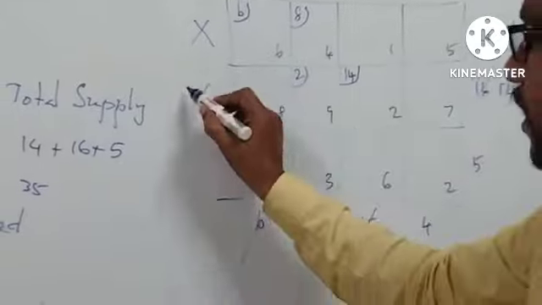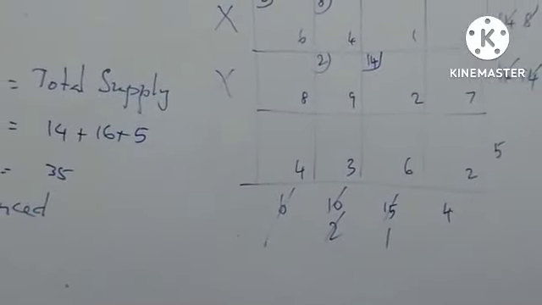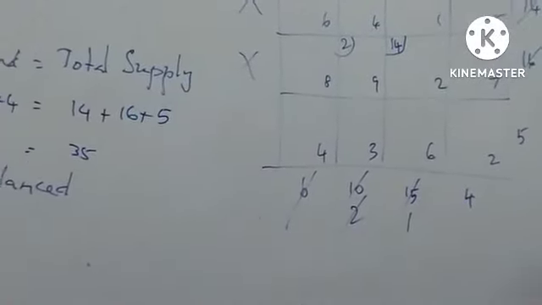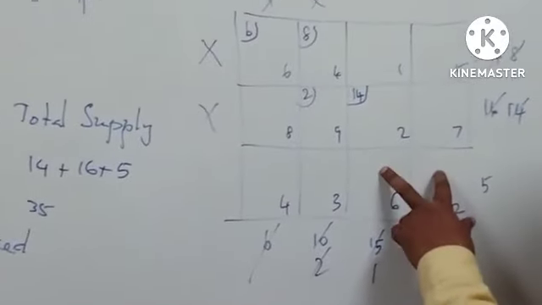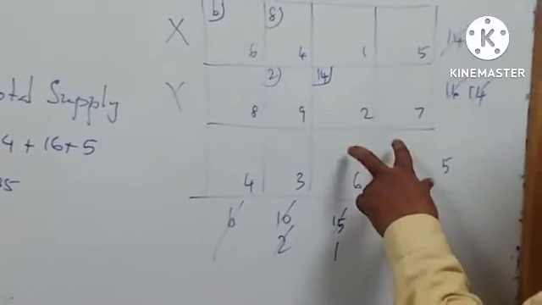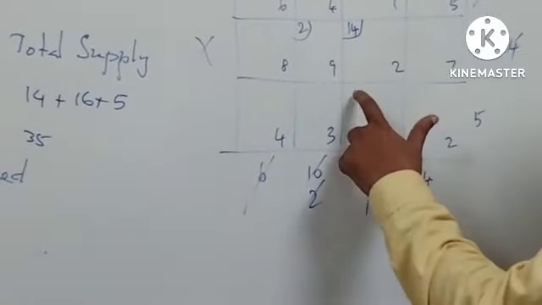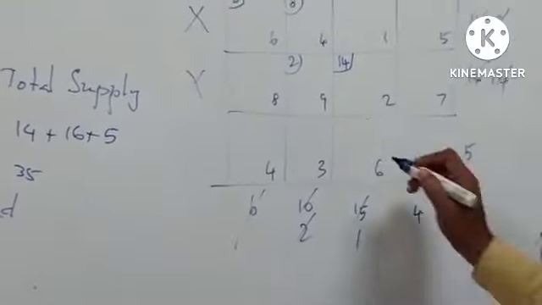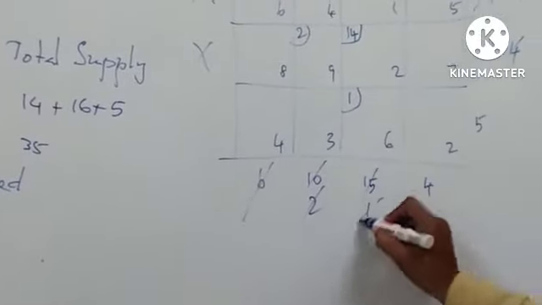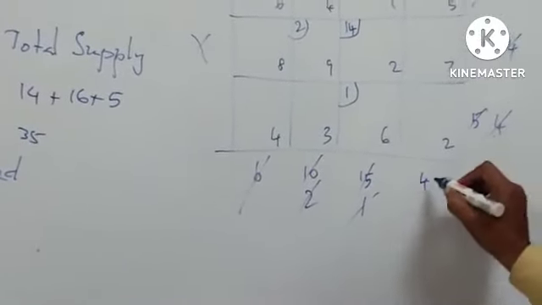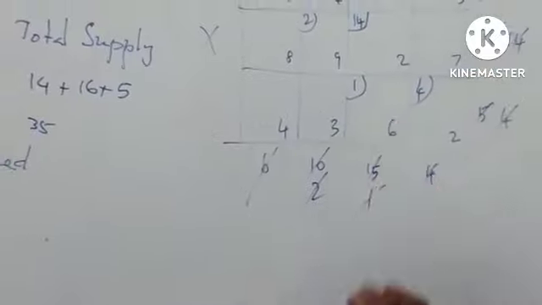So now the second row will also be cancelled. Then what is the northwest corner now? These 2 cells only are balanced right now. So put the allotment over here, 1, balance is 4. Put 4 over here.